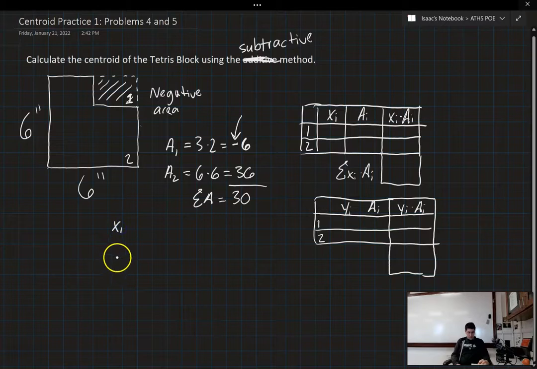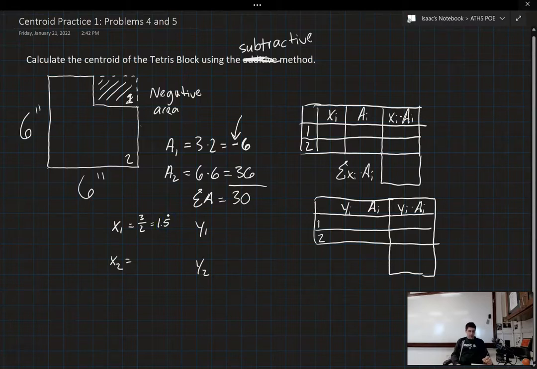Okay, so let's go ahead and calculate our centroids. So x1, x2, y1, and y2. Alright, for our first shape, the x centroid is going to be 3 divided by 2, since it has a base of 3. So it's going to have a local coordinate of 1.5, and we'll convert that in just a second.